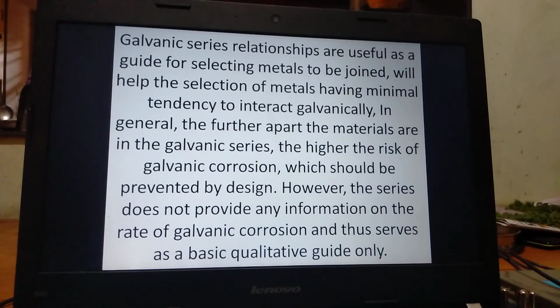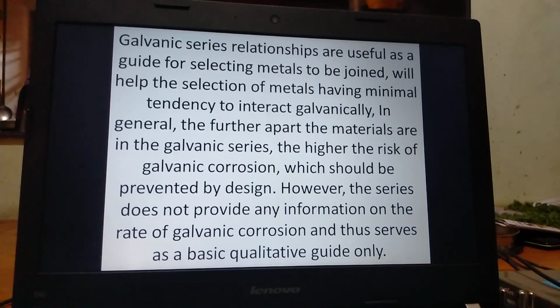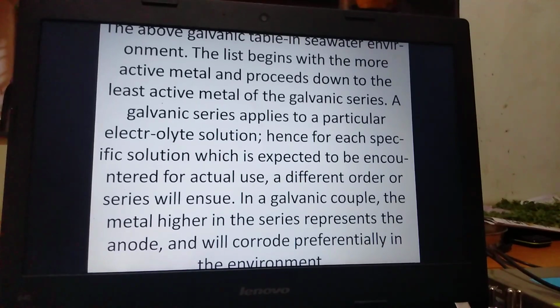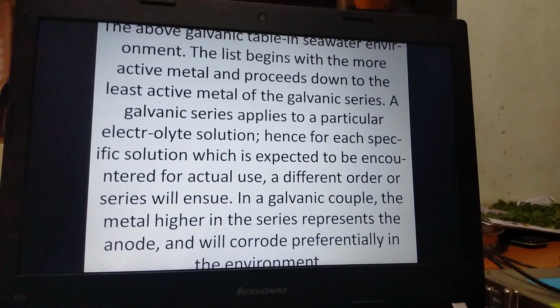The position of a metal is fixed in the electrochemical series, whereas it may vary in the galvanic series, depending upon the corrosive environment. Corrosion characteristics of alloys can be studied using the galvanic series.